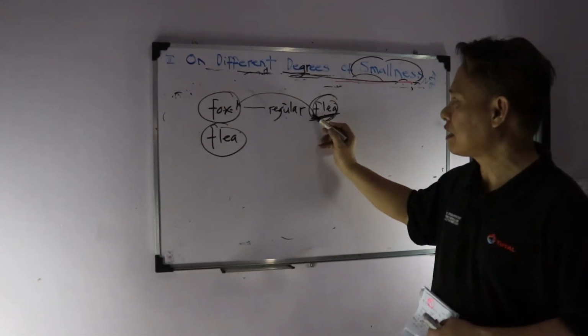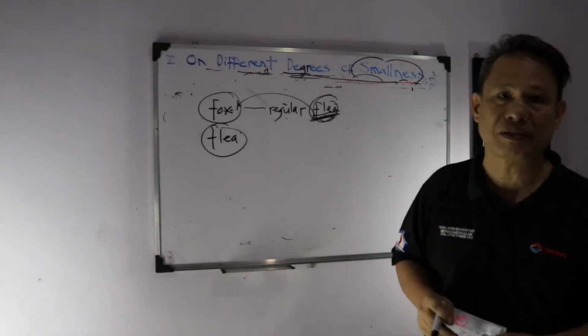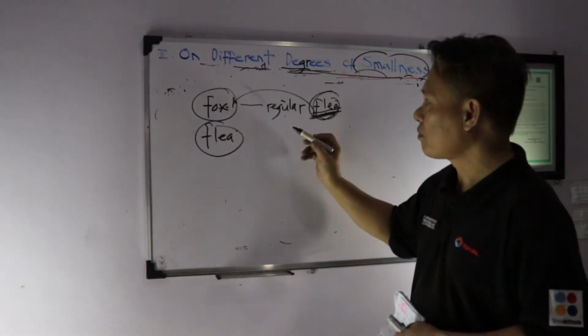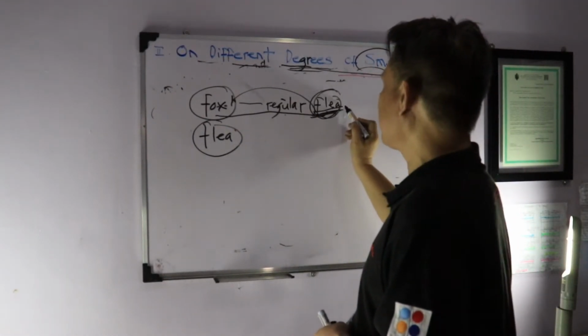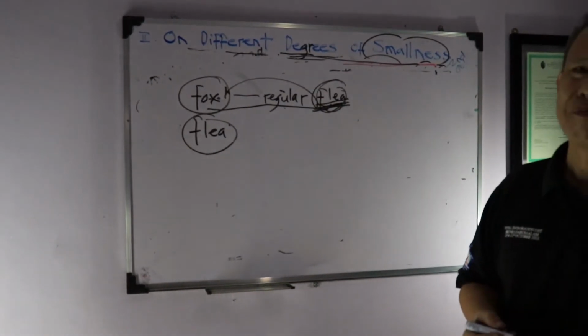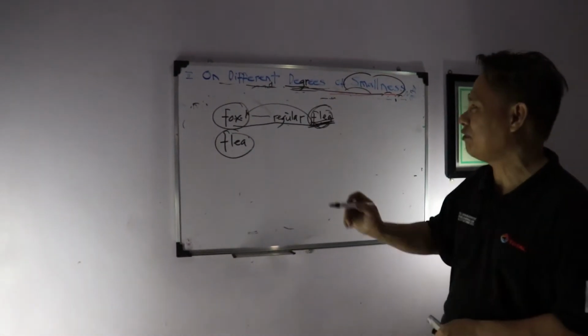This is a particular insect that is present in a dog and in a cat. So the fox wouldn't mind a regular flea, he doesn't care about that.